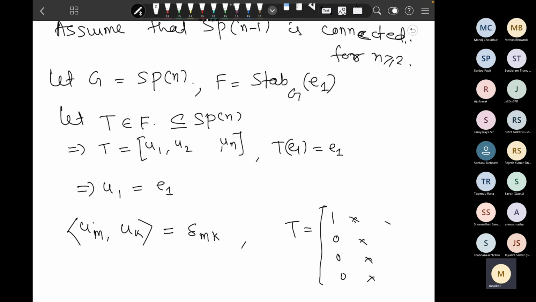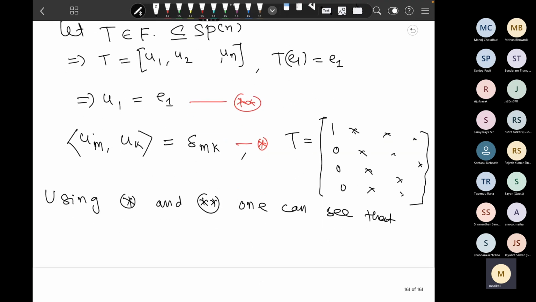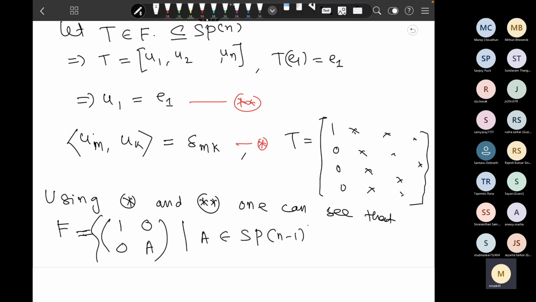Now if you use these two conditions, star and double star, one can see that F is equal to 1 0 0 A, where A belongs to SP_{n-1}. And this is homeomorphic to SP_{n-1}.